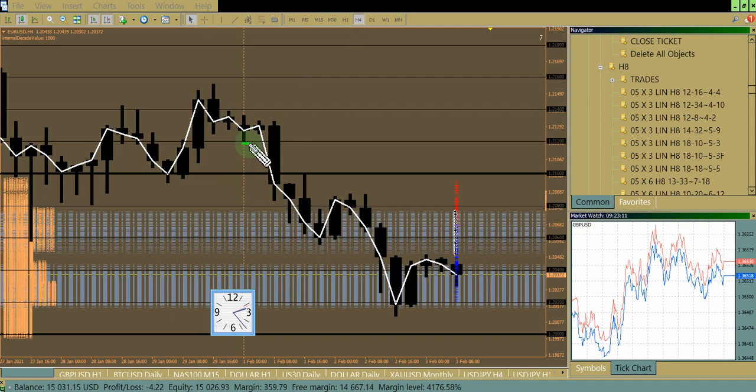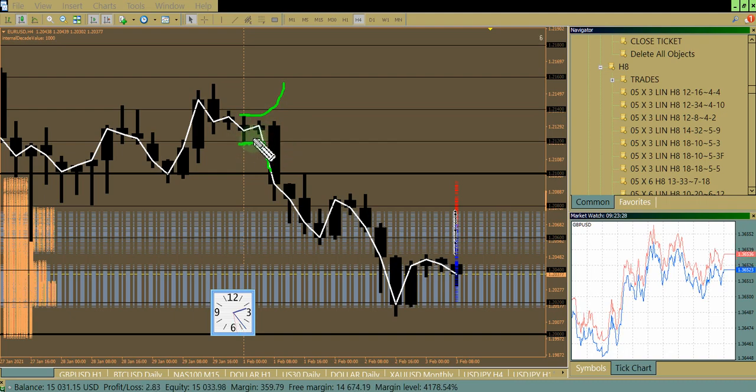If in Asia, I put a sell stop here and a buy stop here, and that ticket lasts 8 hours, I'm going to get filled on that. I get filled to the south side if this is an 8-hour expiration on a sell stop.